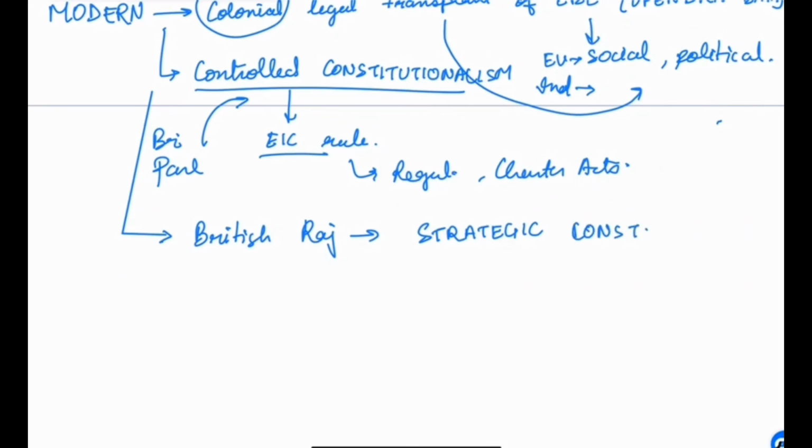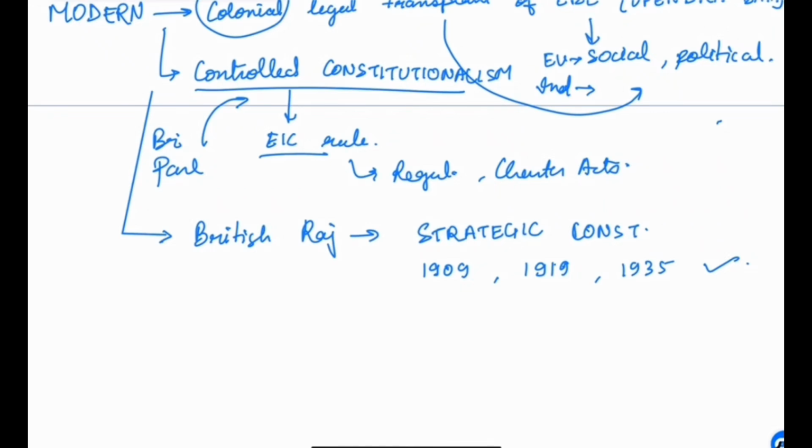That was like giving some powers via the 1909 Indian Councils Act, then some powers via the 1919 Government of India Act, then the 1935 Government of India Act, but never devolving any real powers to Indians. So this is called strategic constitutionalism.